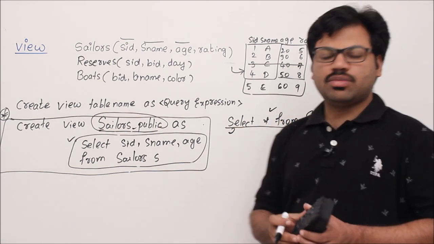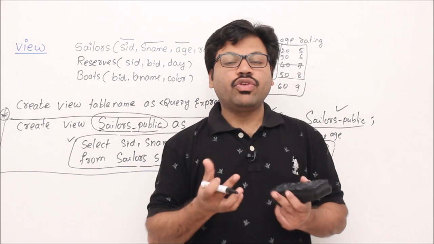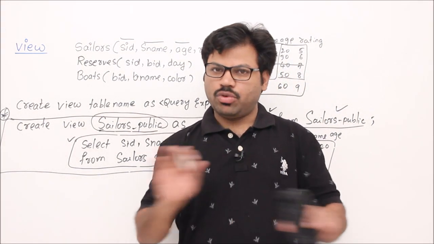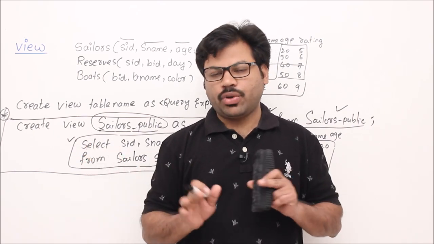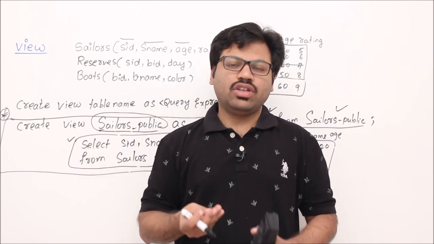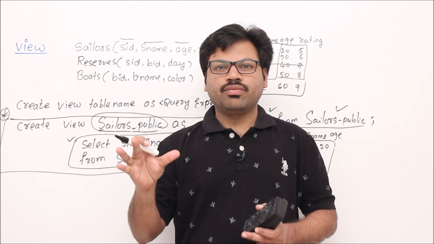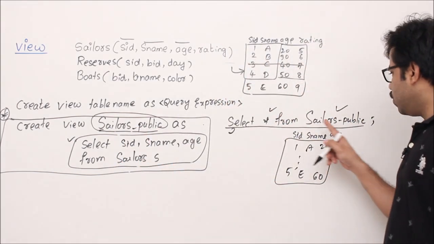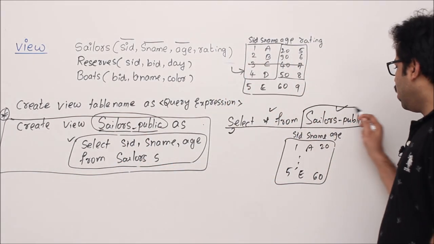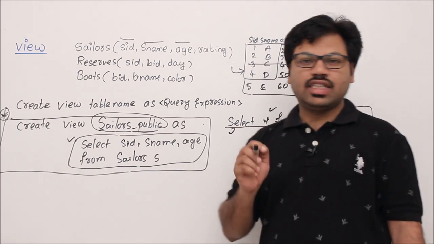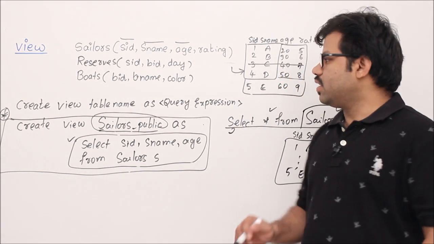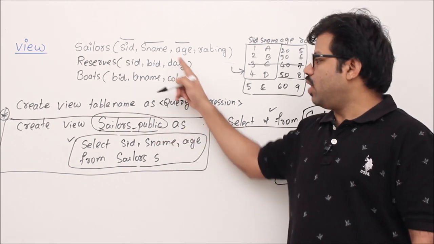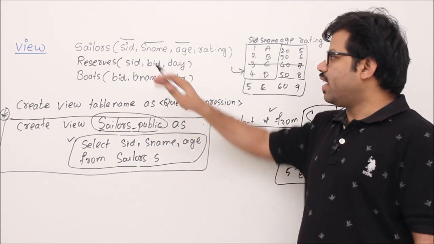Okay, so this is a small story about views. Views can be used as tables, but they are not computed initially. Whenever you execute a query with a view, for example, this is a query which is using a view as a table, at that time it will be computed. That is one thing you should remember. Otherwise, there is no difference between a table and a view.